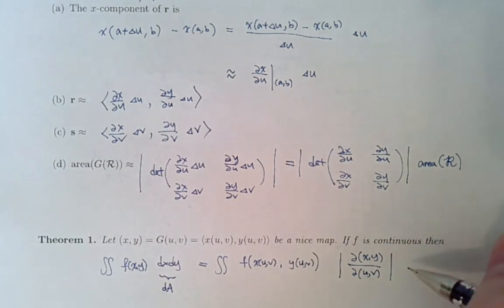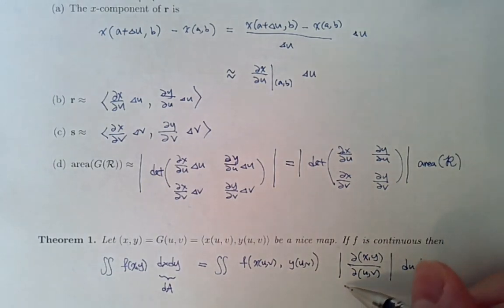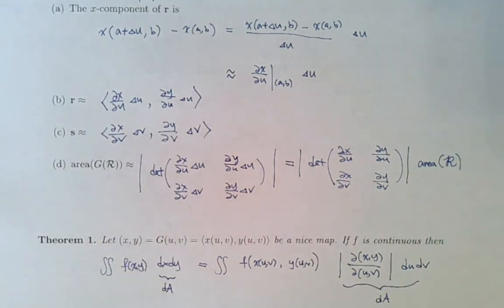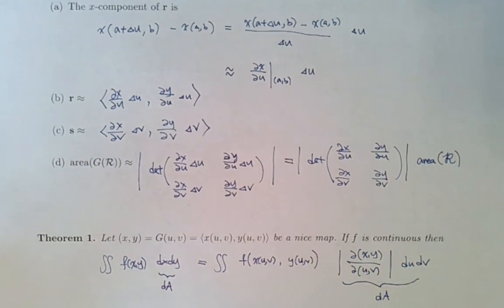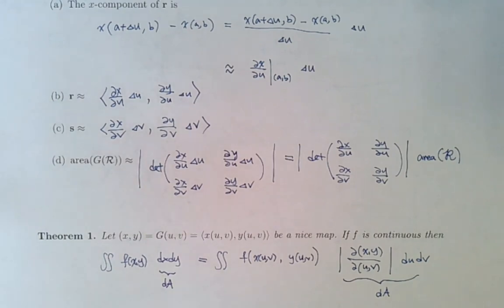And then we'll have du dv. You should treat this whole thing as dA. So we have two double integrals, both of them are dAs, integrating with respect to area. One of them is in the xy coordinates, and the other is in the uv coordinates, and we have a change of variables factor right here.